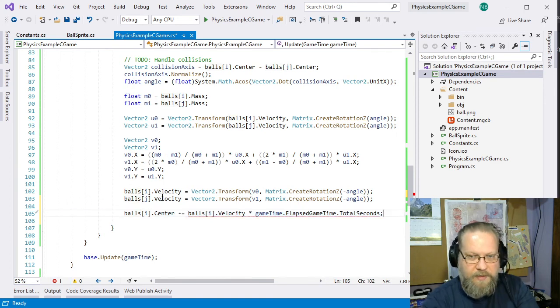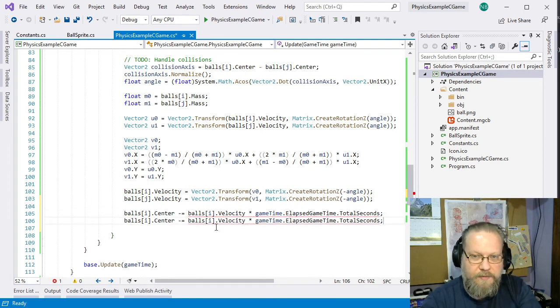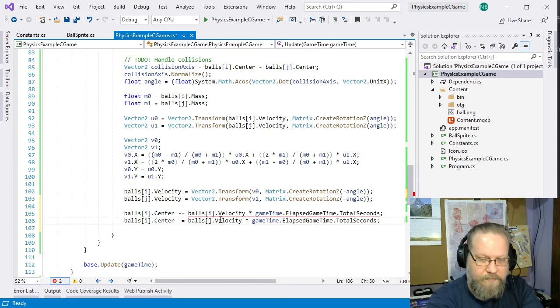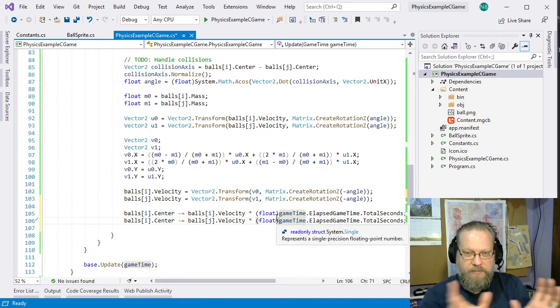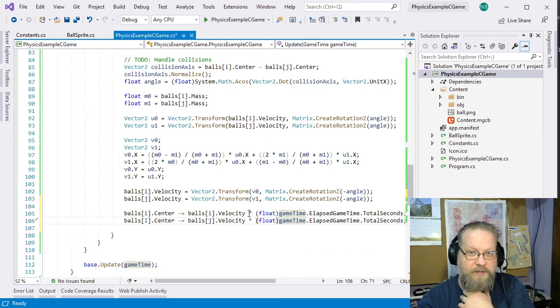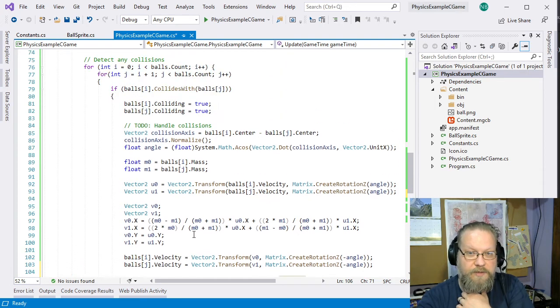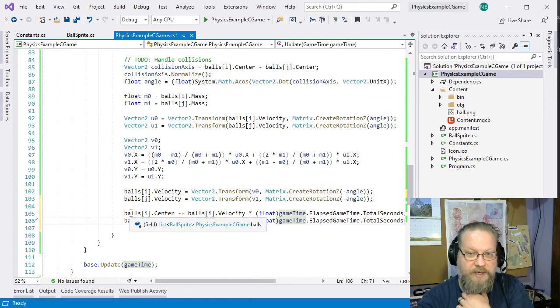And we can do the same thing for the J. And of course, these have to be cast to be floats. So what we're doing is basically reversing the original velocity, which we've actually already overset at this point.